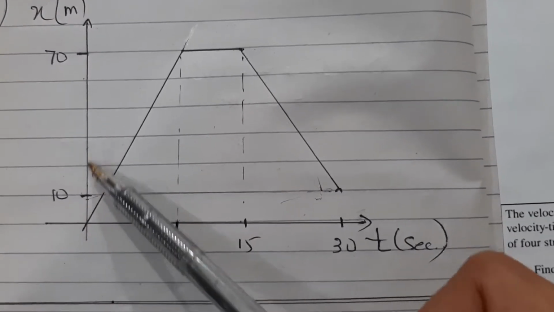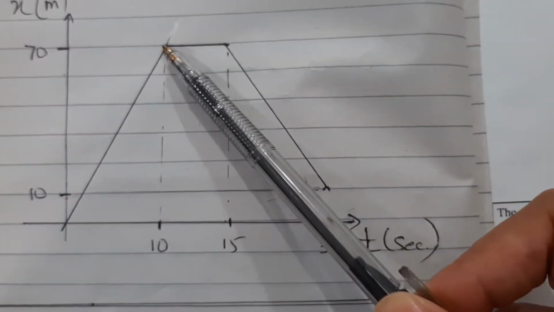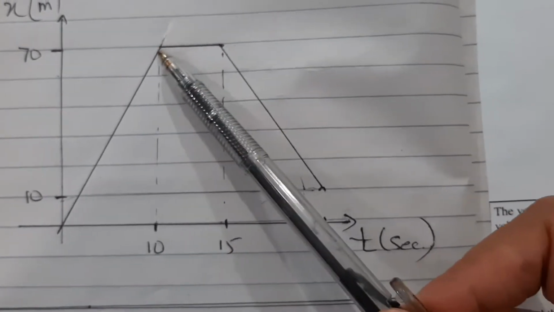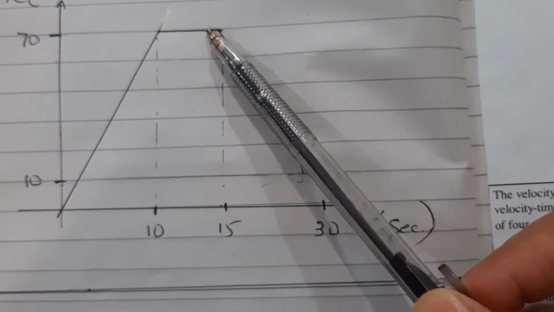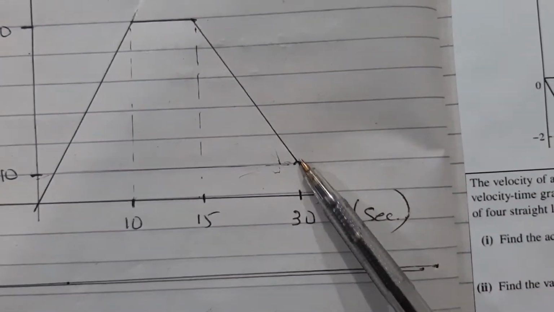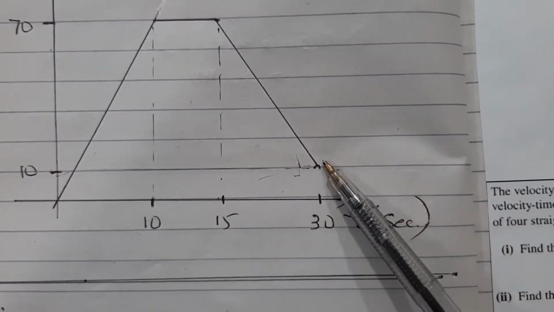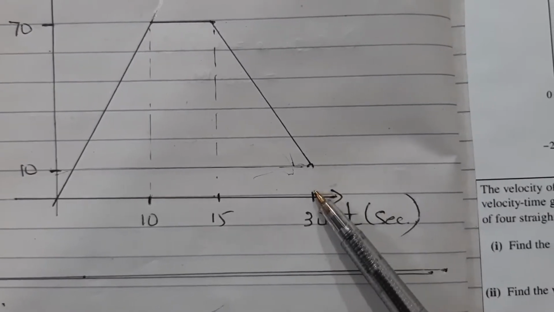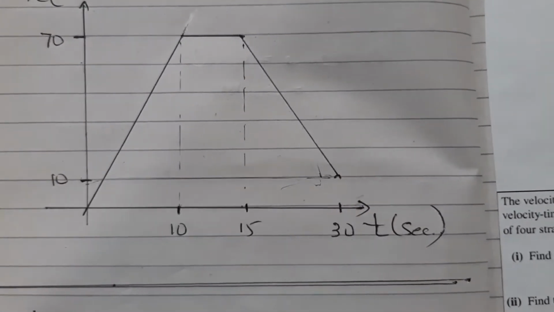So it shows that he started from 0 and went all the way up till 70. Then for 5 seconds he took rest, he paused there, he stopped there, and then he started moving backward and he covered 60 meter. So from 70 till 10 it will come all the way here. So how much distance is left now? Only 10 meter, and this is what we have seen in the previous part.